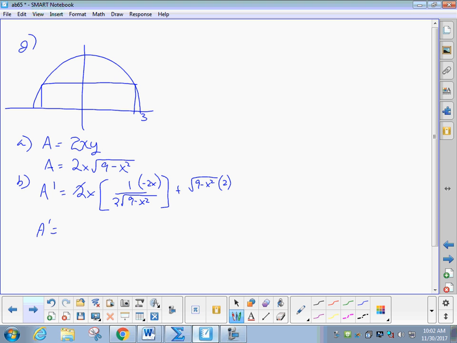algebra. If I take away a 2 and get a common denominator, what's the common denominator? Square root of 9 minus x squared. The first term's becoming negative 2x squared. And the second one, you get a normal 9 minus x squared times a 2.